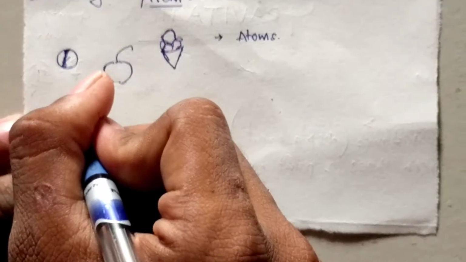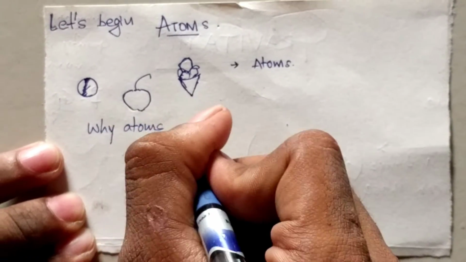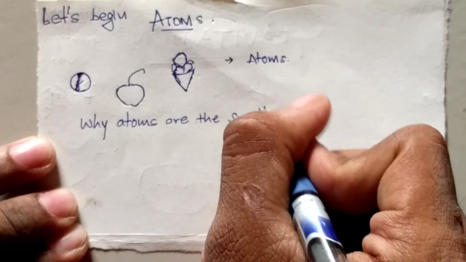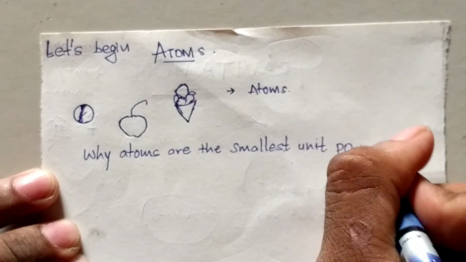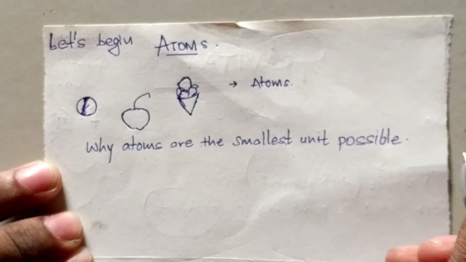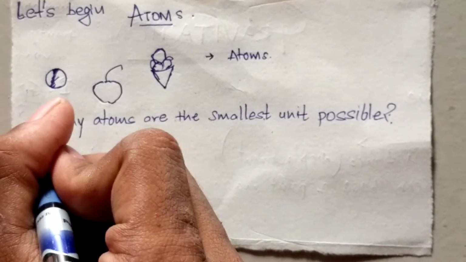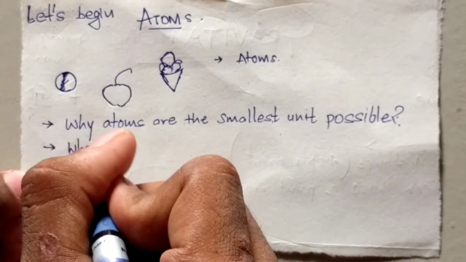So it starts with the theory. It starts with people who were called natural philosophers, philosophers of nature. They started to think about what is the smallest unit possible to get, and we have a limit, that is an atom. How big is an atom?